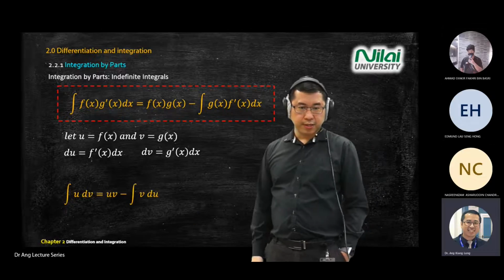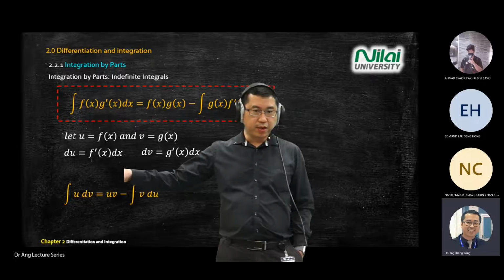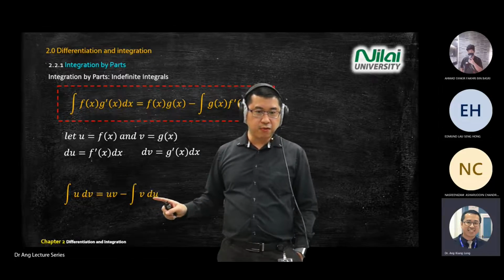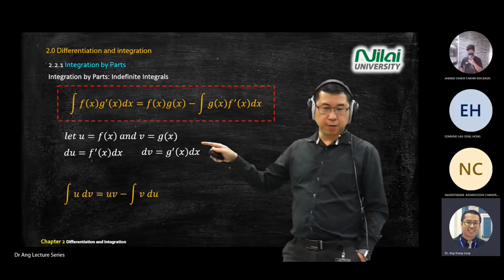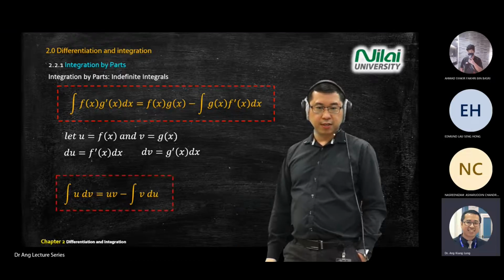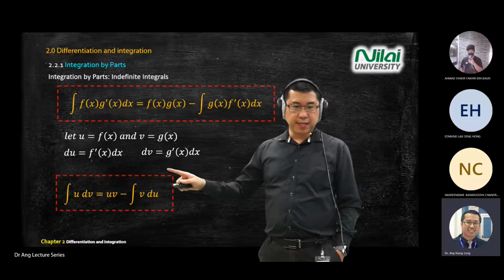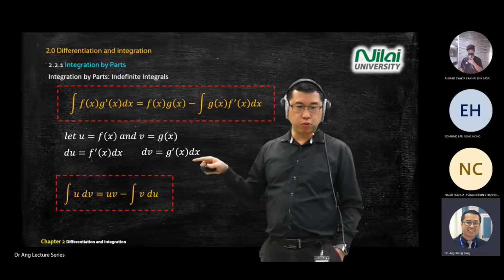Next, you integrate. This one you expect already. You integrate u dv equal to uv minus the integral of v du, by using substitution of all these relationships inside here. If you compare side by side, it's the same form, but you need to remember how to use this one.